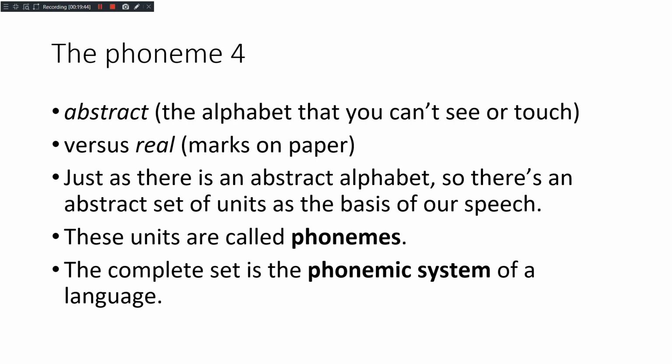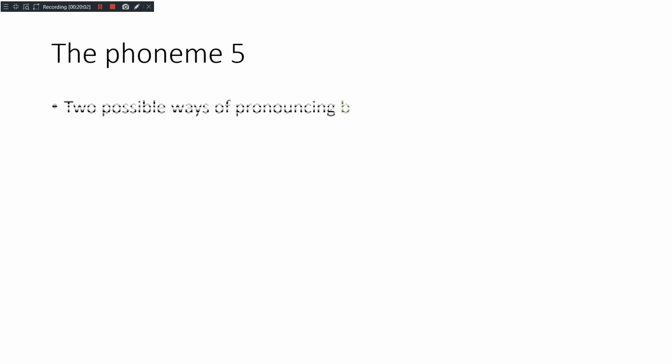The complete set, in English, the 44 phonemes, is called the phonemic system of English. It is a complete system that can be used as the basis of speech.